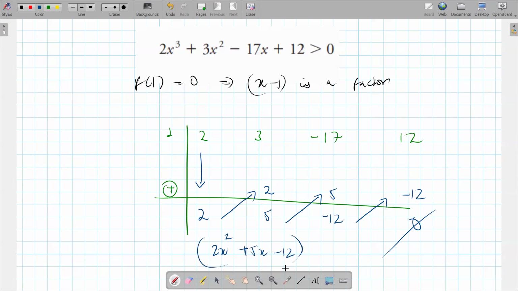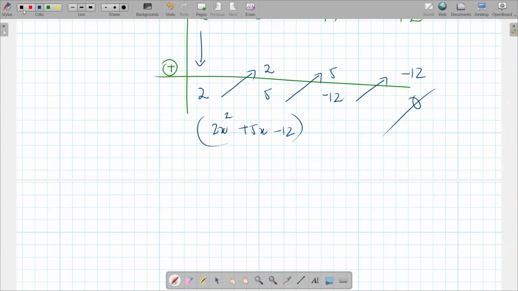Is the quadratic factorable? Look at the quadratic. We're looking for two numbers.